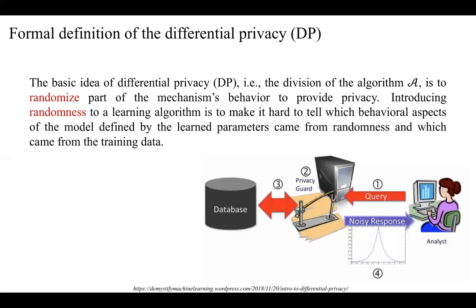The basic idea of differential privacy is to randomize part of the mechanism's behavior to provide privacy. Introducing randomness to a learning algorithm makes it hard to tell which behavioral aspects of the model defined by the learned parameters came from randomness and which came from the training data.